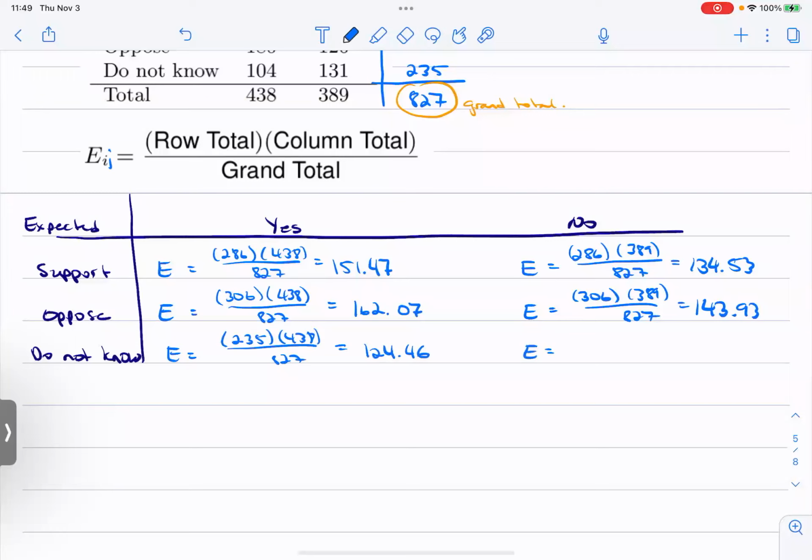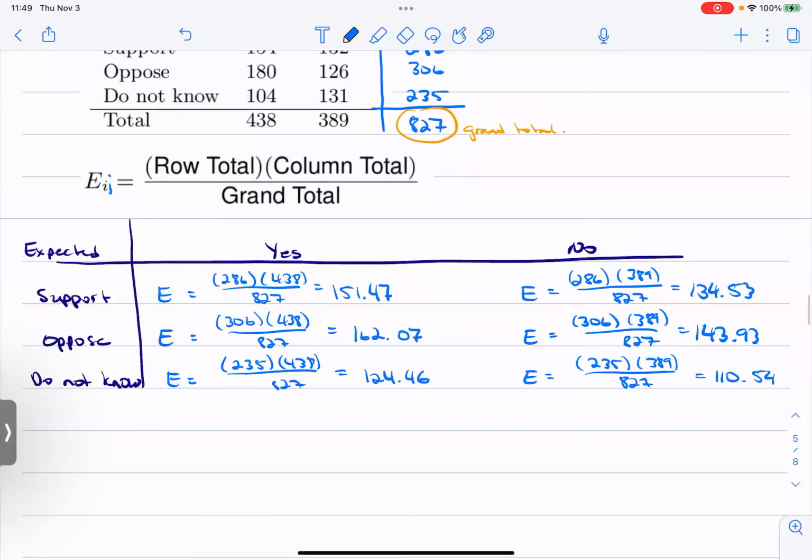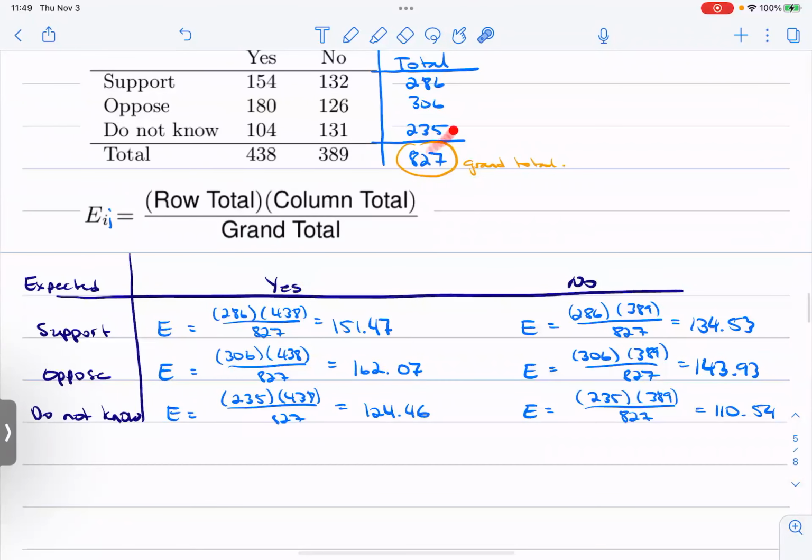And then finally, 235 times 389 divided by 827, 110.54. Notice that you don't want to round any of these values. As you add the columns as well as the rows, they should add to those totals that you have in the original table. We're just redistributing as if they were all independent of each other.